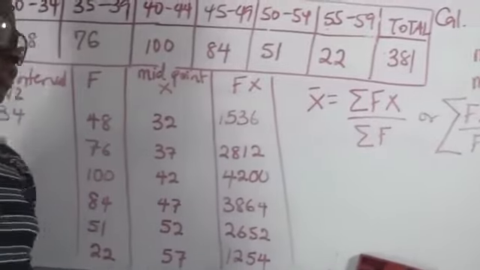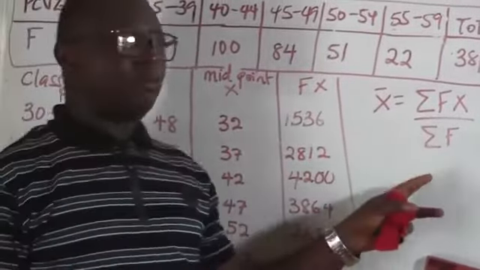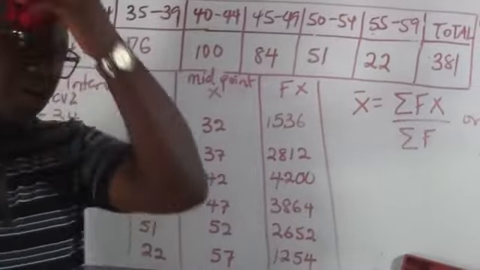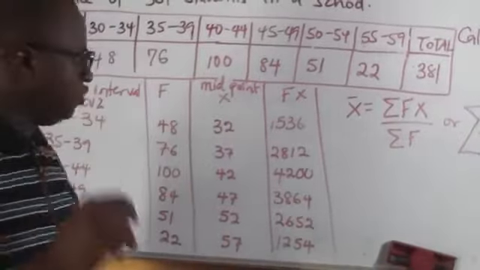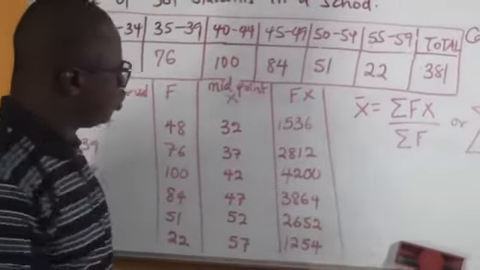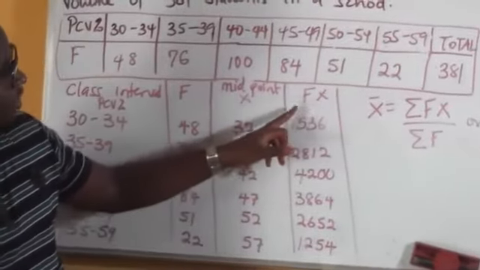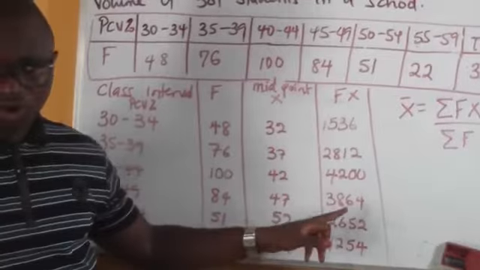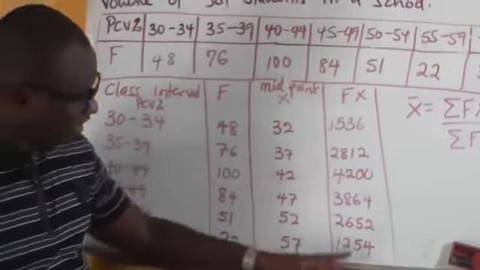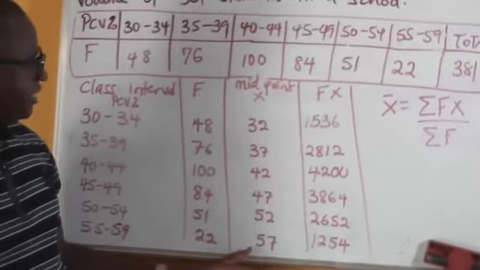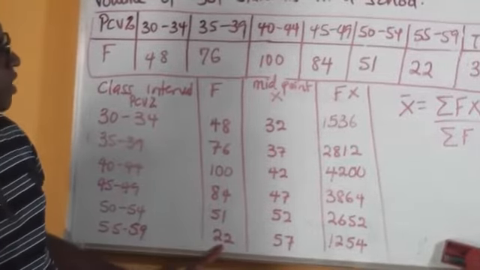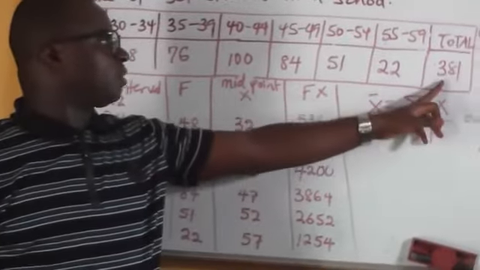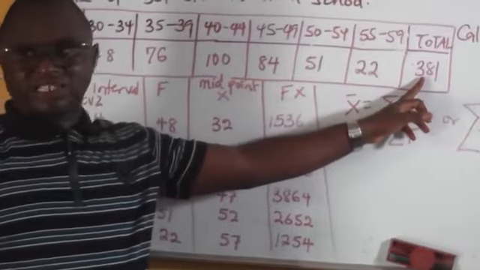Anyhow you choose to write the formula, remember this formula is different from the formula we wrote for ungrouped data, so don't let it confuse you. So what we need to do now is to sum the fx column, and then divide by summation f. Remember, summation f is already in the question: 381.